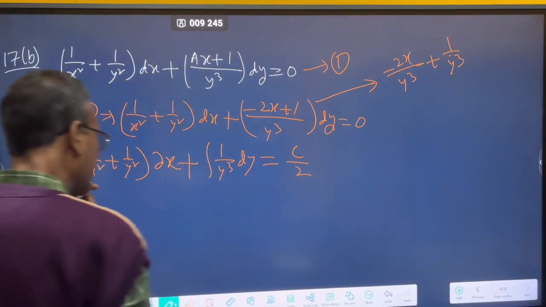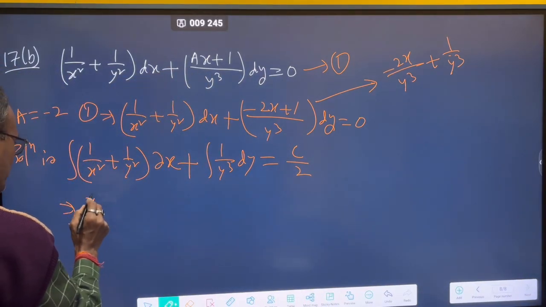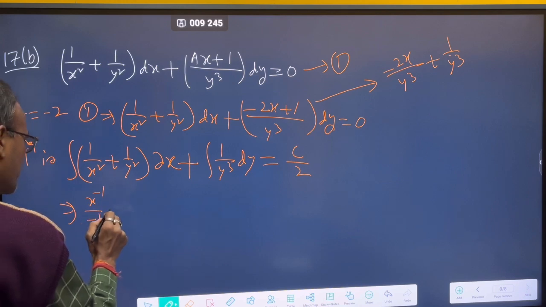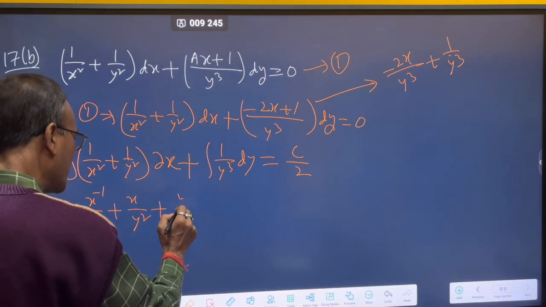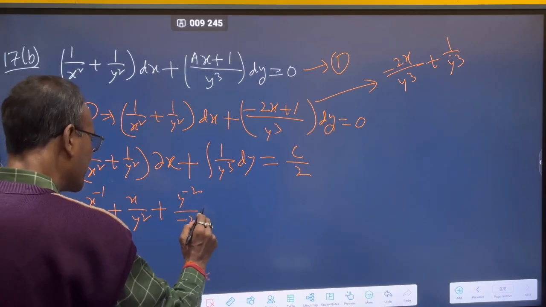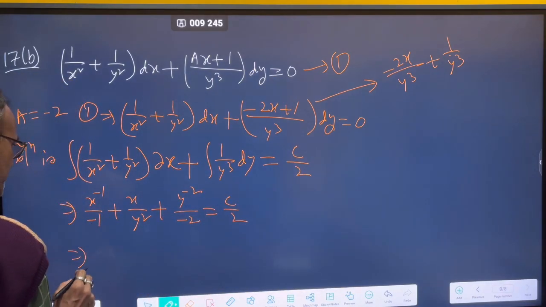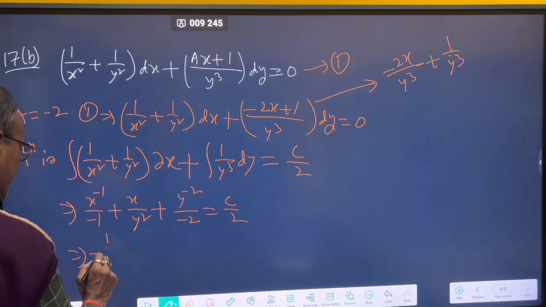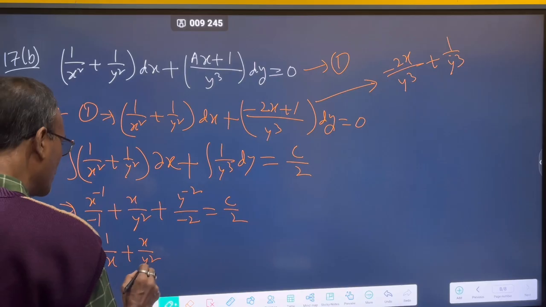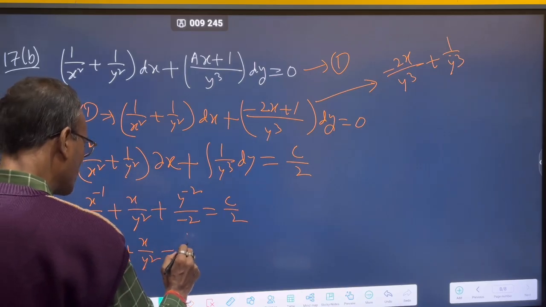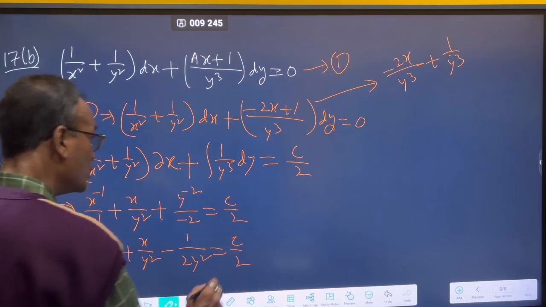Let me write the constant as c by 2. Therefore, you will get x to the power minus 1 by minus 1 plus x by y square plus y to the power minus 2 divided by minus 2 equal to c by 2. This means minus 1 by x plus x by y square minus 1 by twice y square equal to c by 2.